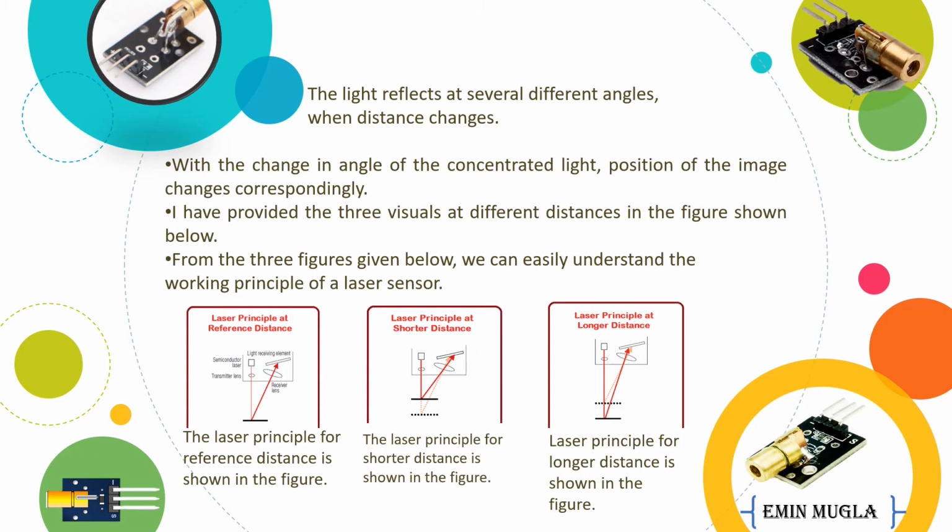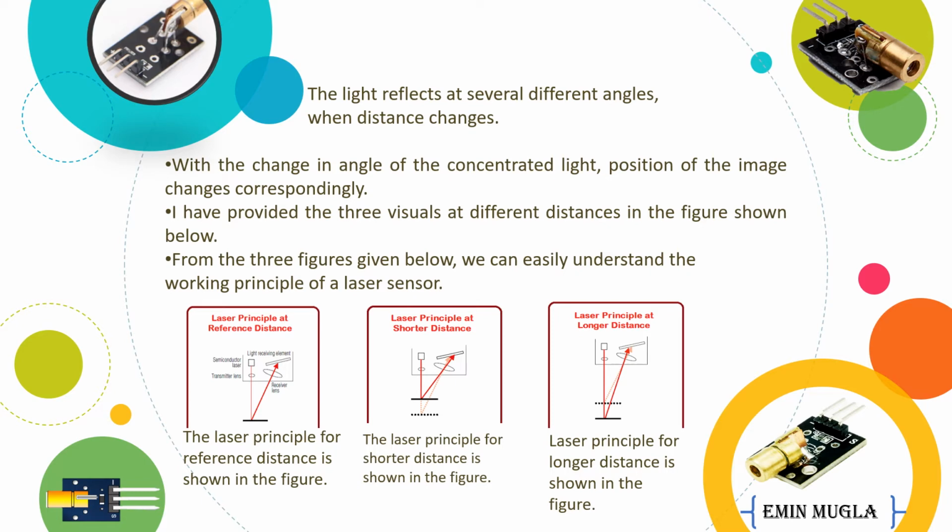The light reflects at several different angles when distance changes. With the change of the angle of concentrated light, the position of the image changes correspondingly. I have provided 3D visuals at different distances in the figure shown below. From the three figures given below, we can easily understand the working principle of the laser sensors.